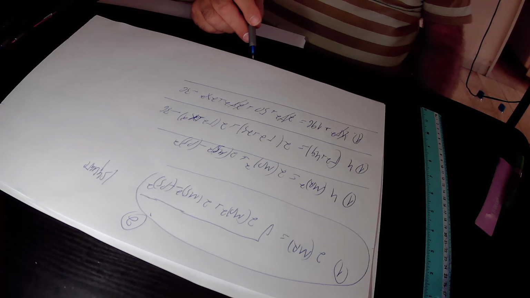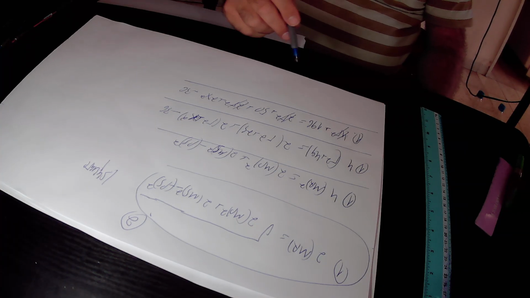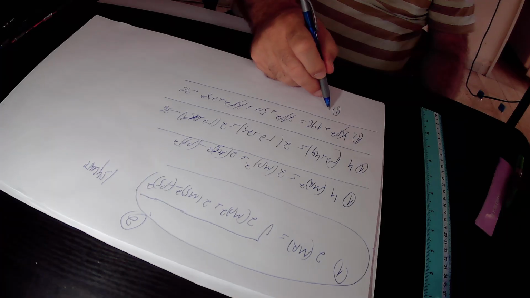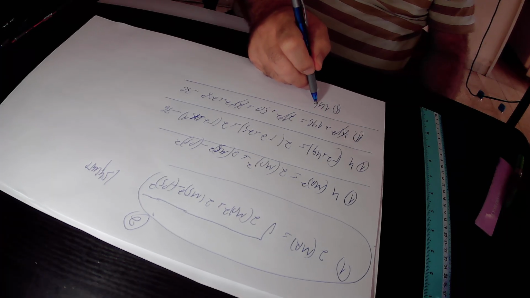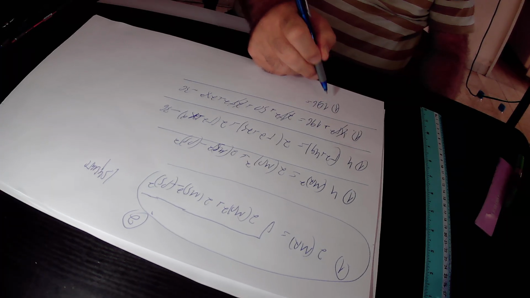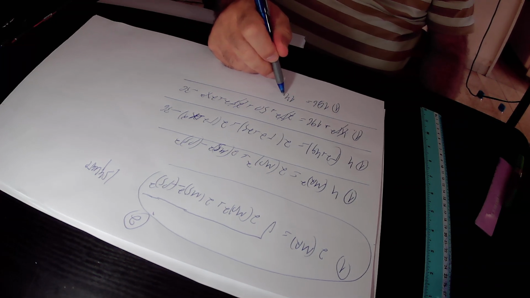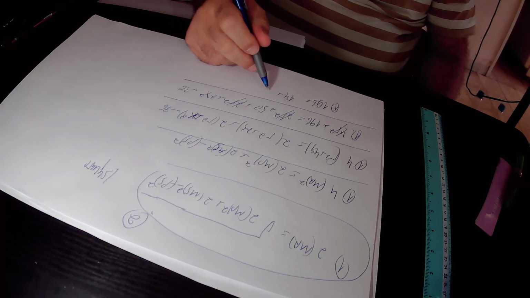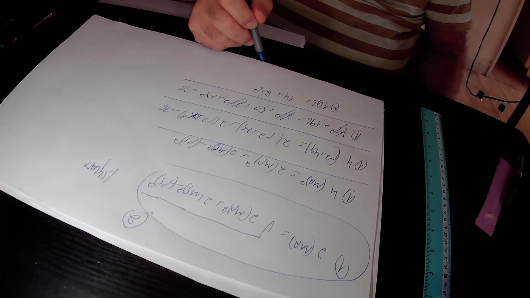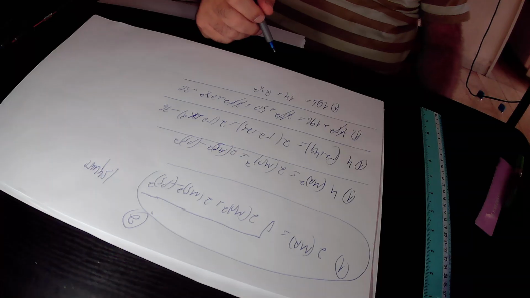After we cancel 4r squared, on one side we are left with only 196. On the other side we have 50 minus 36 is 14 plus 2x squared. So in total, 196 equals 14 plus 2x squared.